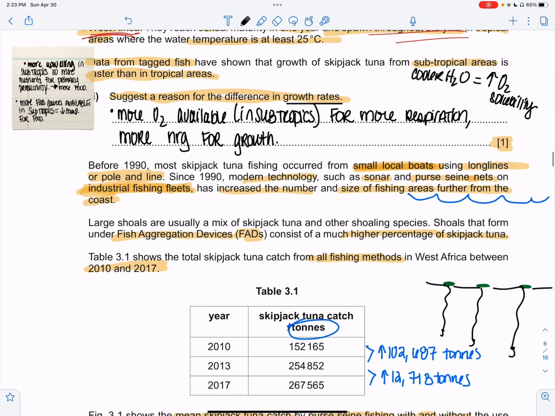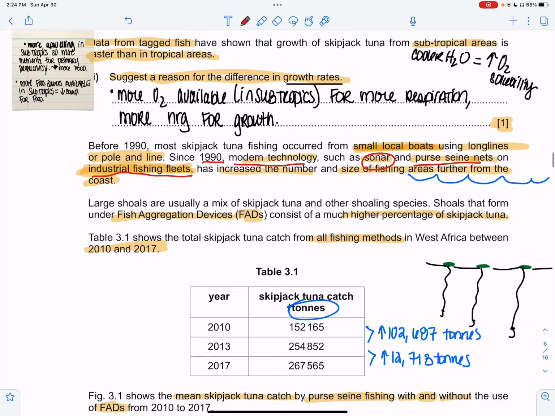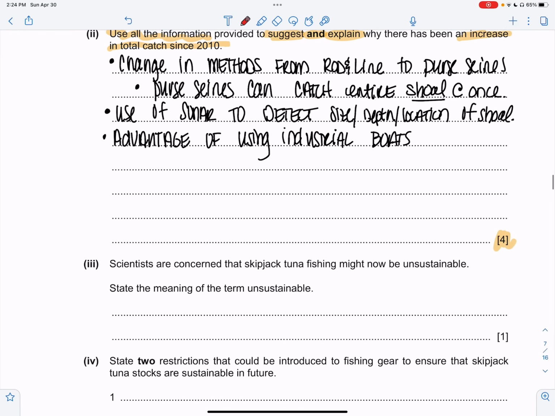Just so you can see where I'm getting that from, they said since 1990, modern technology like sonar, purse seine nets, and industrial fishing boats has increased both the number and fishing areas, so the amount of fishing areas and how wide they are.